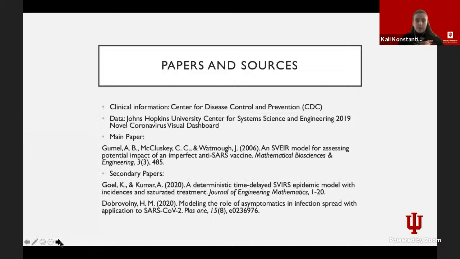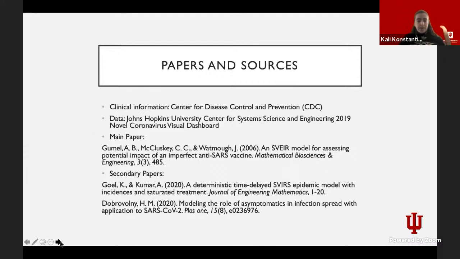Papers and sources. Most of my clinical information about COVID-19 came from the CDC. The data that I used is from the Johns Hopkins University Center for Systems Science and Engineering 2019 Novel Coronavirus Visual Dashboard. I provide a link to that GitHub page in my Jupyter Notebook if you'd like to look at it.